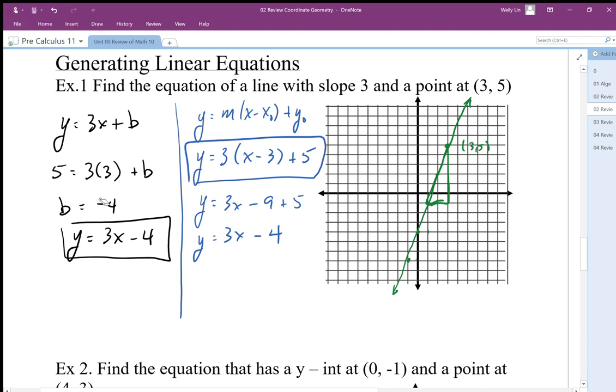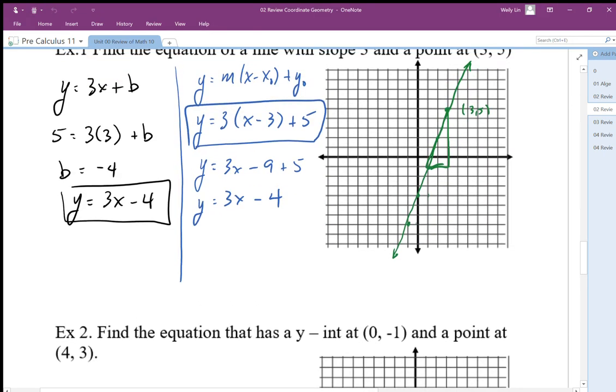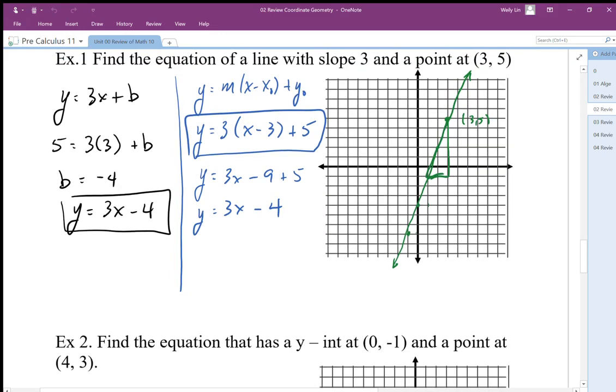This is kind of the way you may have been originally shown: set it up as y-intercept form, then plug in and solve for b. If we just set it up as point-slope form, we can leave it like that, or we can expand it and find the y-intercept form. So this is much more flexible because we can really just leave it in the point-slope form.